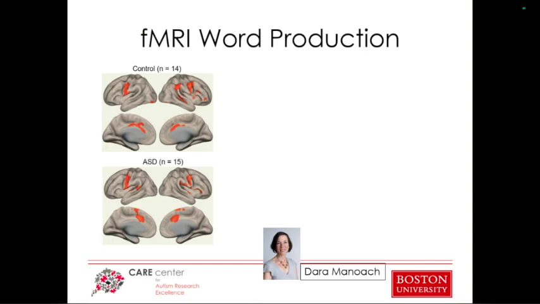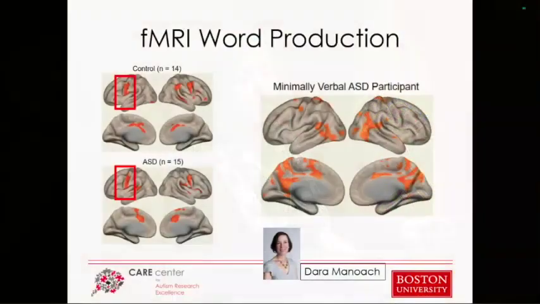Okay, we had almost no success with the minimally verbal to get them to do this and to lie still enough. What we see is this nice, robust activation in the controls and in the autism, though there was more variability. These are verbal autistic. And then this is the scan from one minimally verbal.